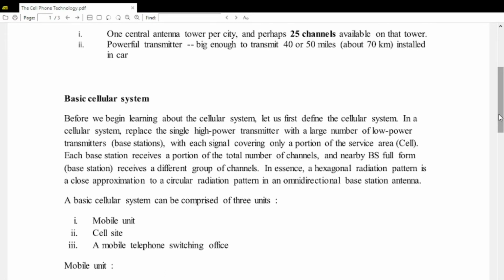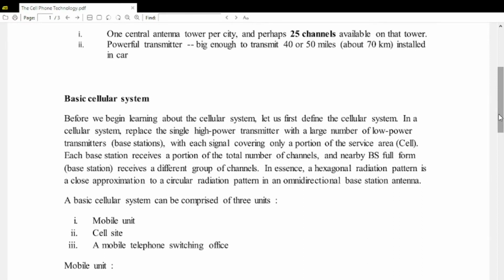Each of these low power transmitters was able to cover a certain service area. This service area is what is known today as a service area, or simply a cell.